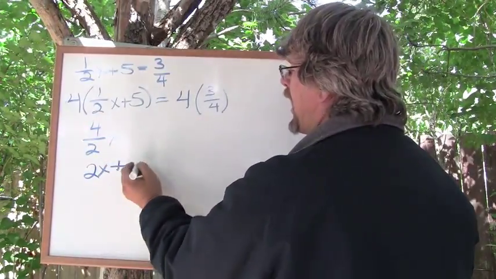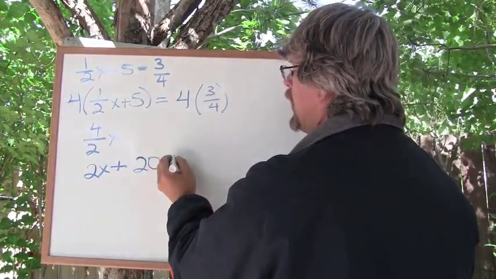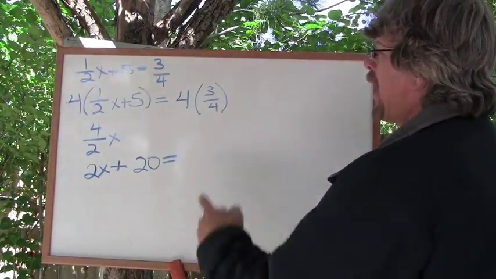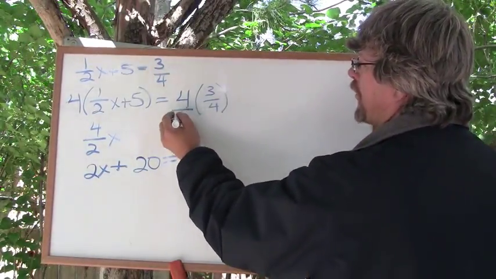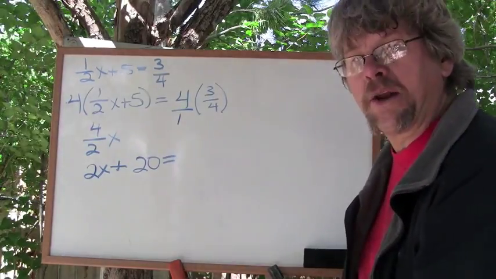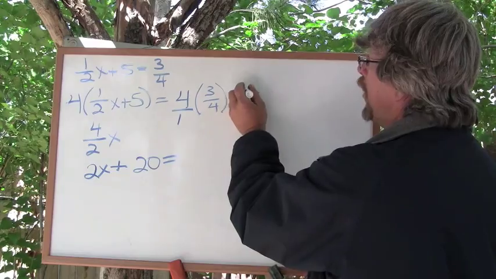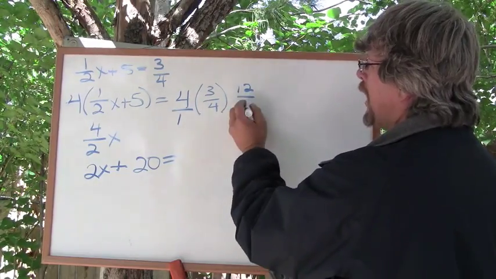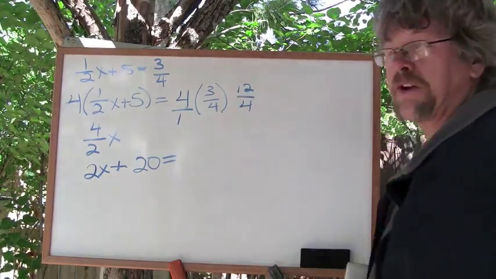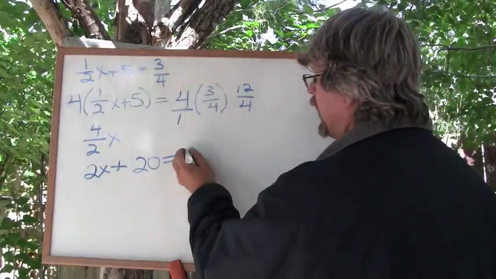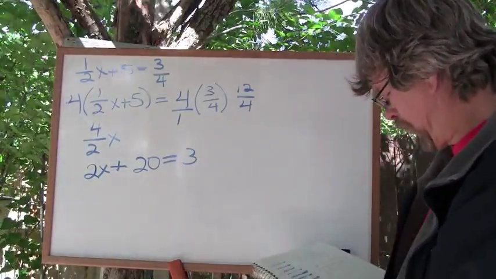What's 4 times 5? Plus 20. Equals, now 4 times 3/4. This is 4 times 4 over 1. You simply multiply across. 4 times 3 is 12. 4 times 1 is 4. What's 4 into 12? 3. So that's what that becomes. It equals 3.